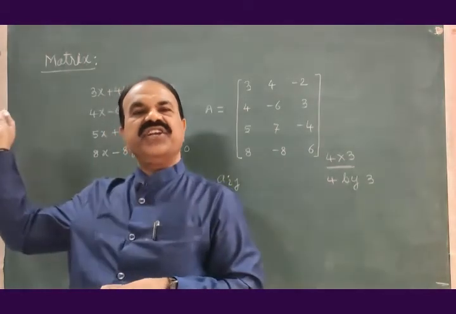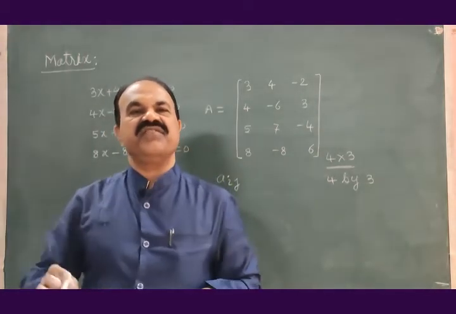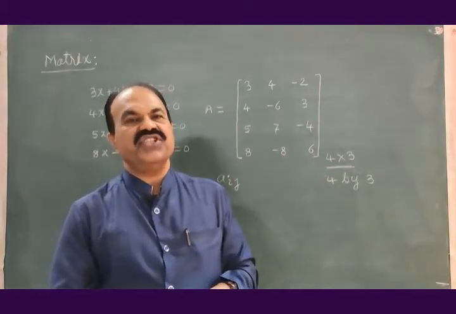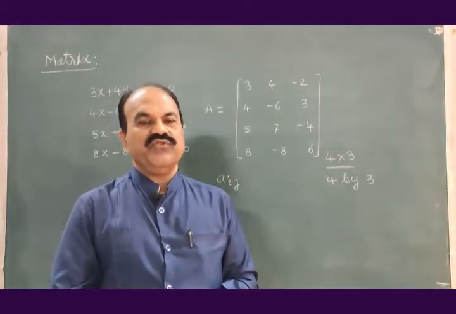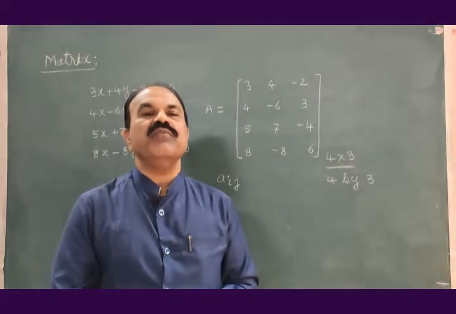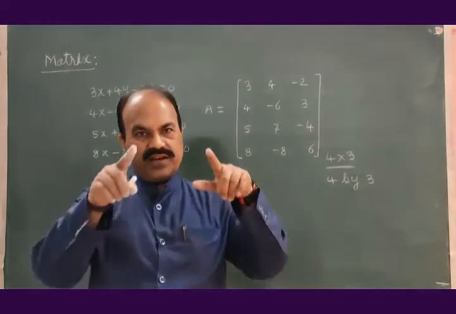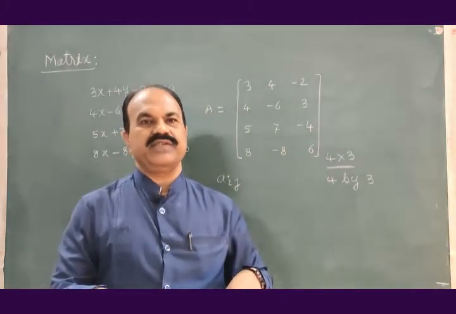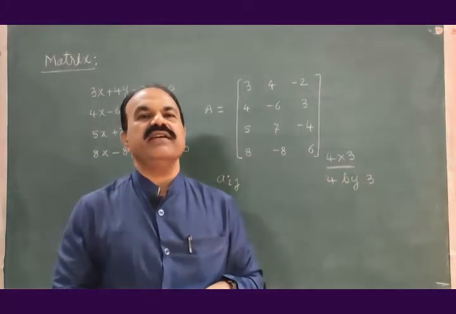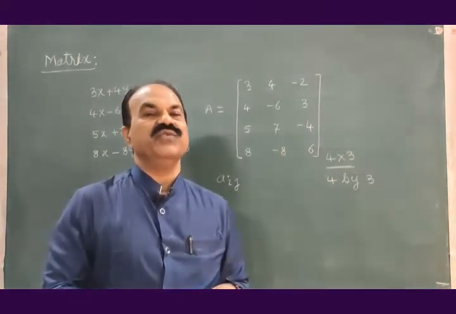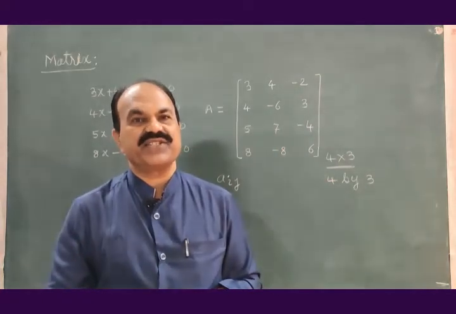Just by considering the simultaneous equations and taking into consideration their coefficients, which are arranged in the form of a two-dimensional array in square brackets, that structure we call a matrix.